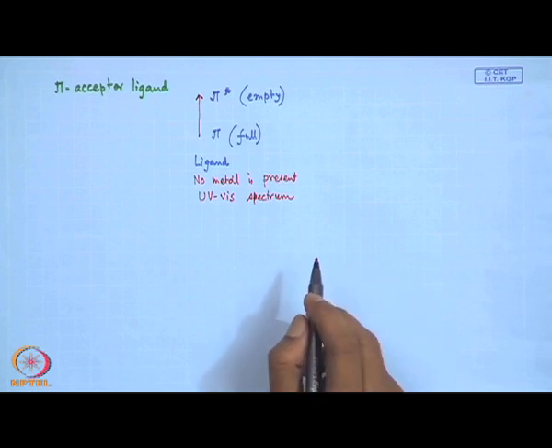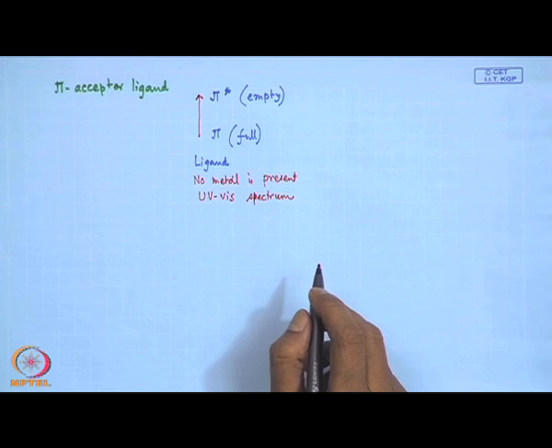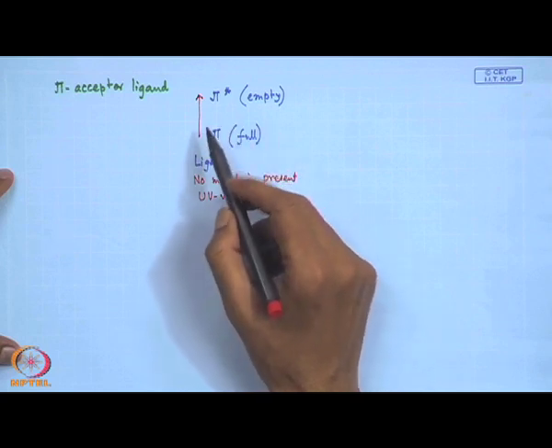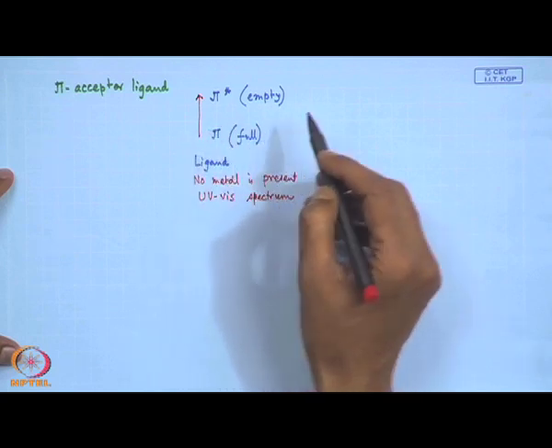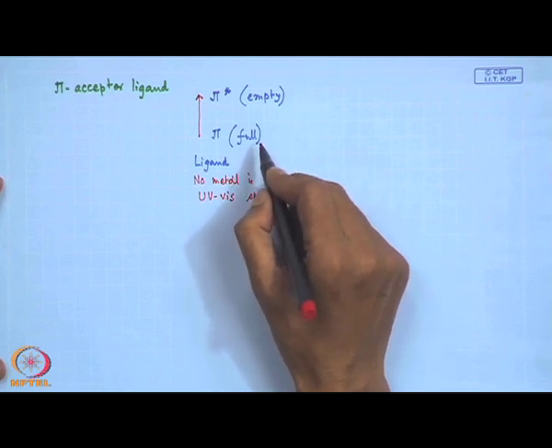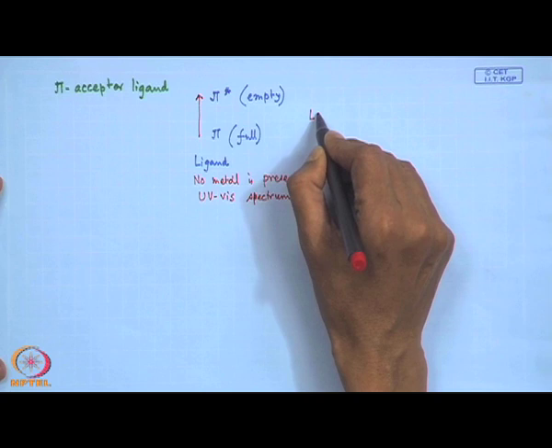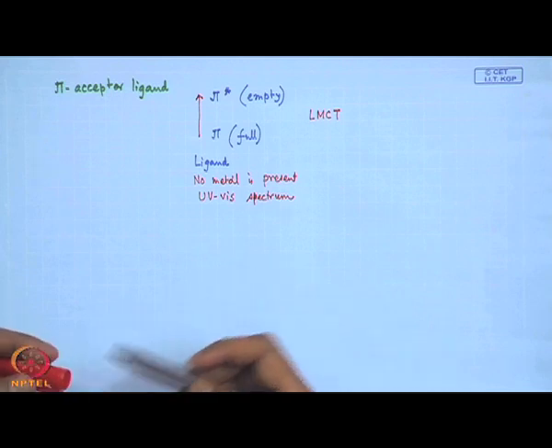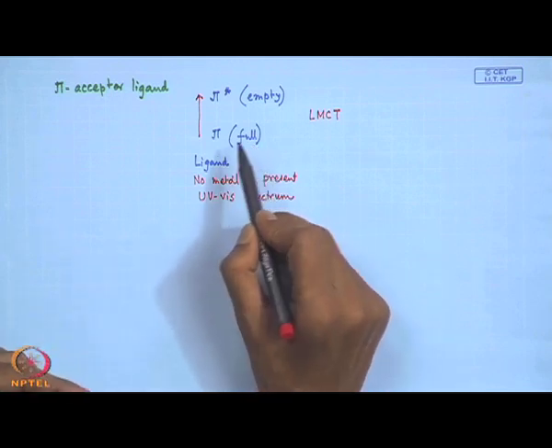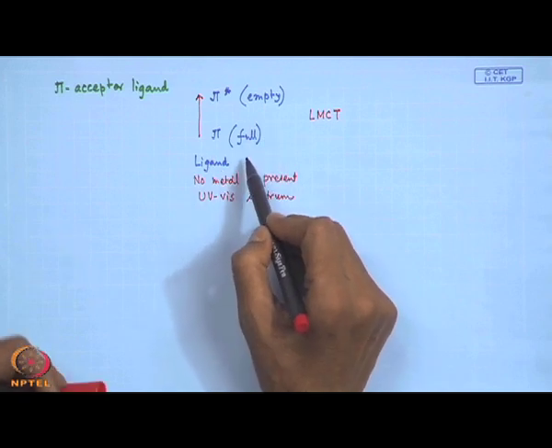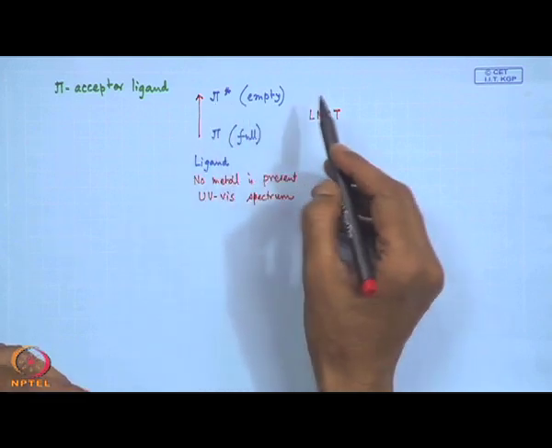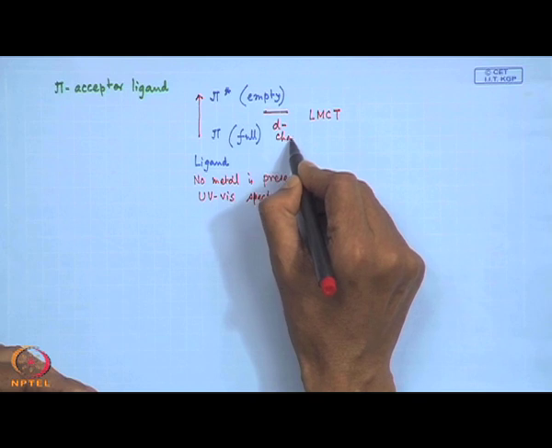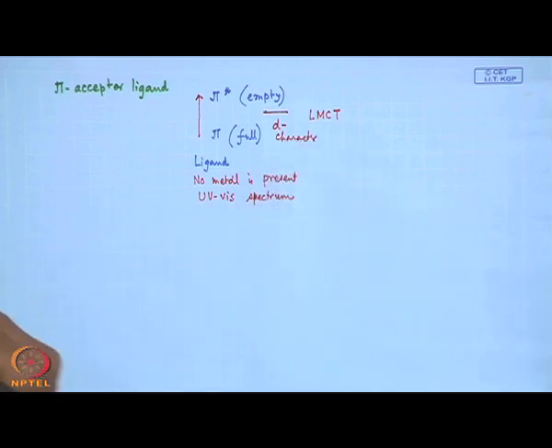But when the metal d orbital comes into the picture, the ligand can donate electron density during coordination, and we can see that ligand to metal charge transfer transition can take place. So, this electronic charge from the ligand pi level can go not to the pi star level, but to some intermediate level of d character from the metal ion.